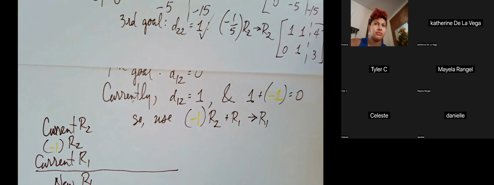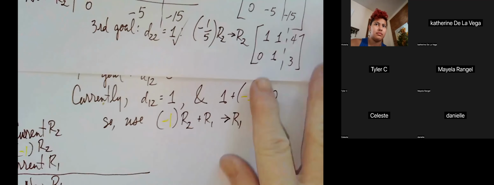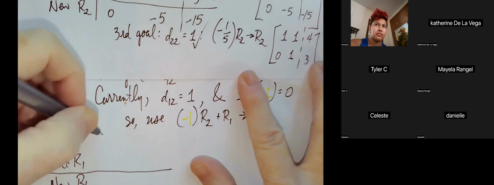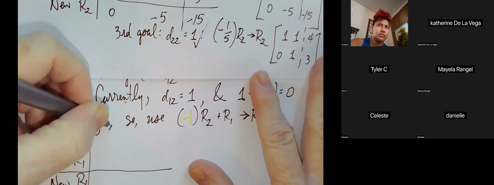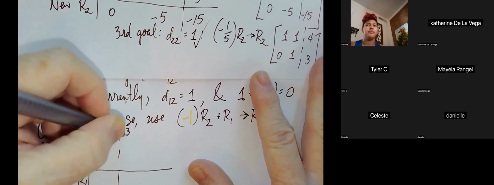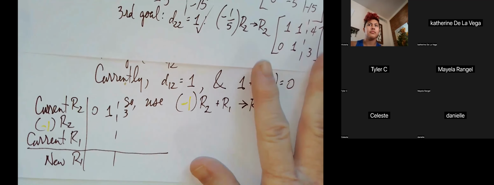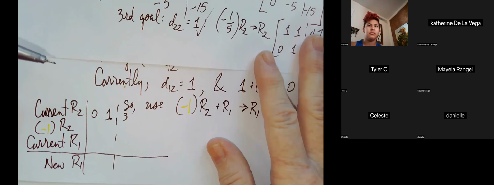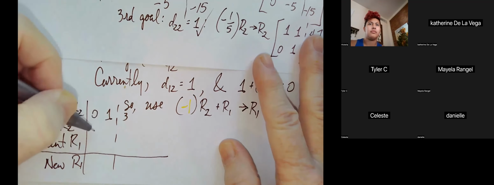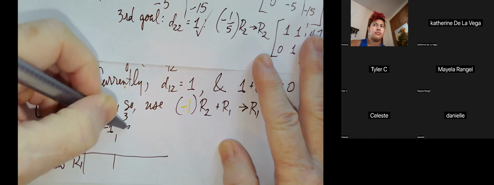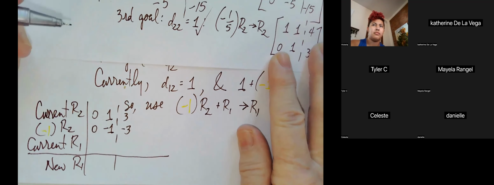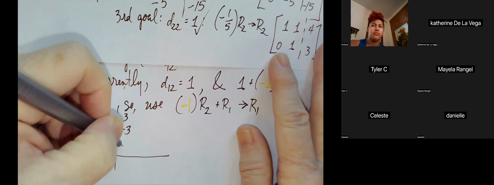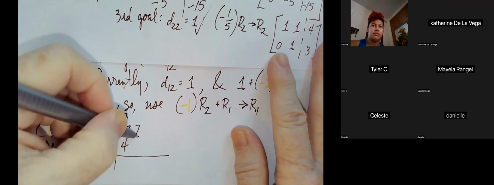What is R2 currently? Oh, I see, it's 0, 1, 3. So what is -1 times row 2? 0, -1, -3. Thank you. And currently row 1 is 1, 1, 4.